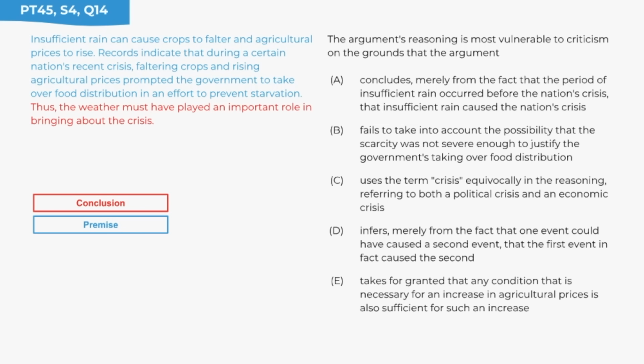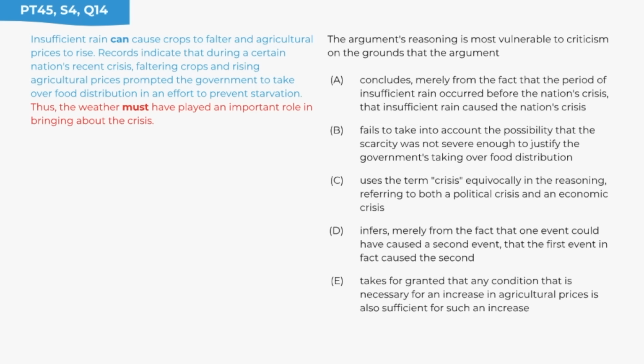But we don't actually have a correlation between the two events, then going on to conclude a causal relationship between the two events. Instead, what we have is a degree issue. Notice that in the conclusion, there's the word must. But in the evidence, we have the word can, right? So just because insufficient rain can cause crops to falter and agriculture prices to rise, that doesn't necessarily mean that the weather must have played an important role in bringing about the crisis.